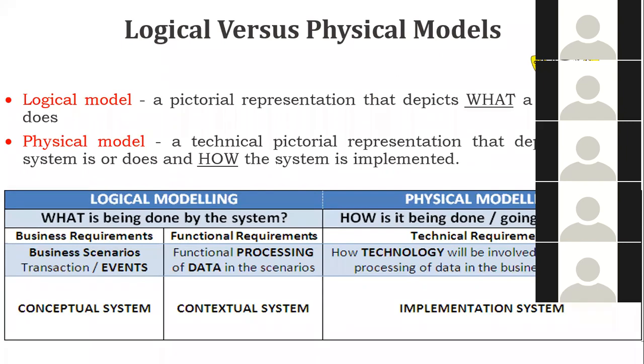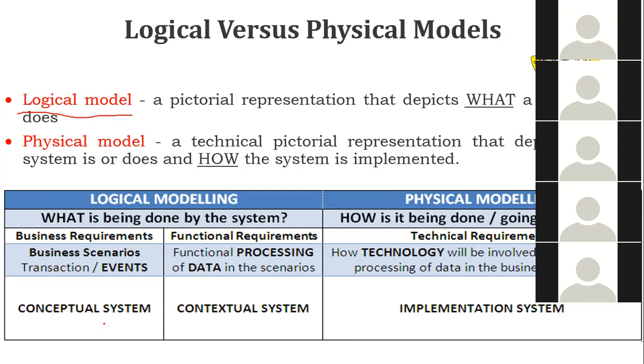Now, we then think about modeling, because we have now to put what we've talked about, our requirements, into models. I know most of you know this. You've done this before. The logical model is a presentation that depicts what a system does, while the physical model shows you how it's going to do it. Those are two distinct things that we must understand.